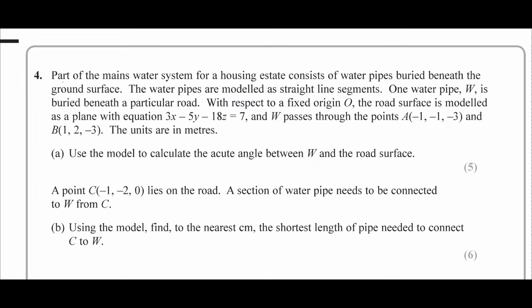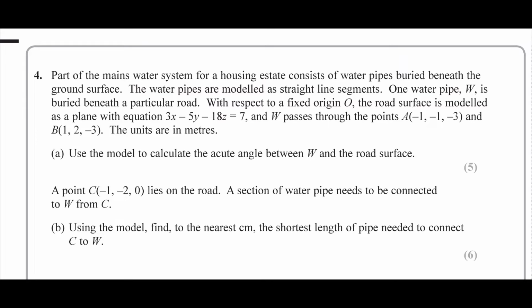Question 4. Part of the mains water system for a housing estate consists of water pipes buried beneath the ground surface. The water pipes are modelled as straight line segments. One water pipe W is buried beneath a particular road with respect to a fixed origin.